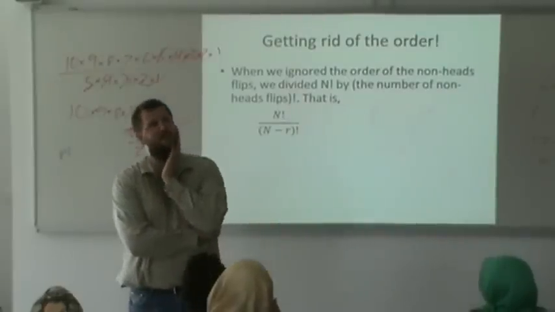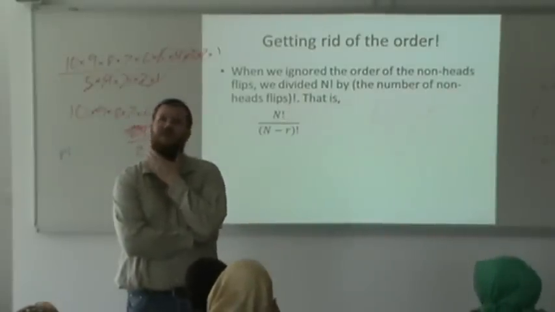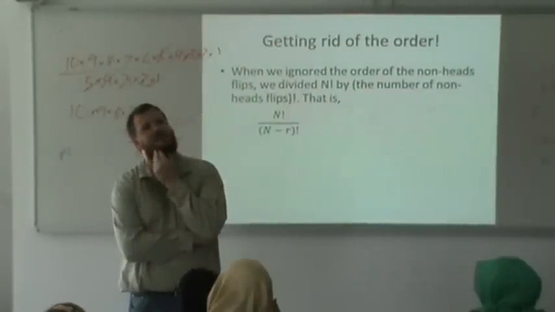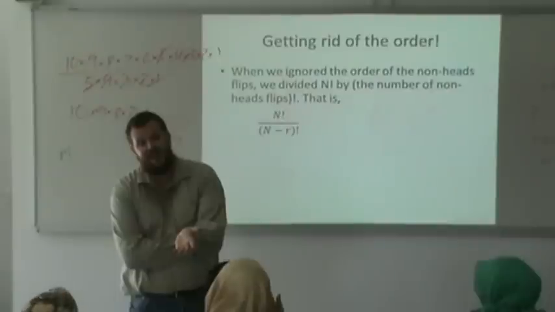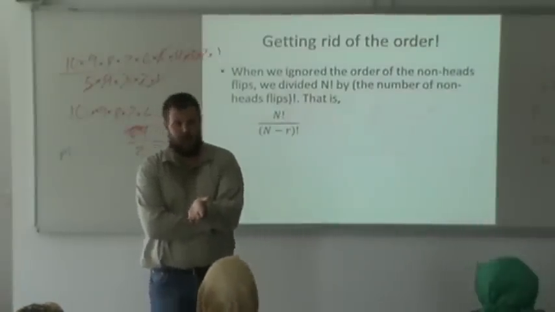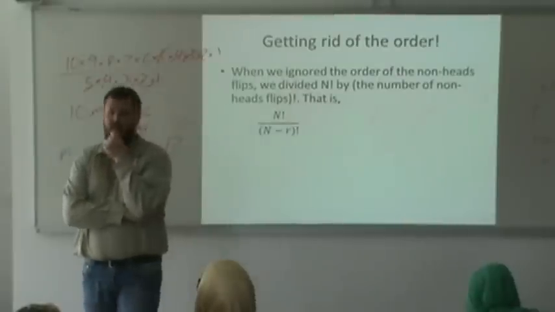If dividing by a factorial gets rid of order, how can we get rid of order? Divide by a factorial. Of what? What's the factorial going to be?